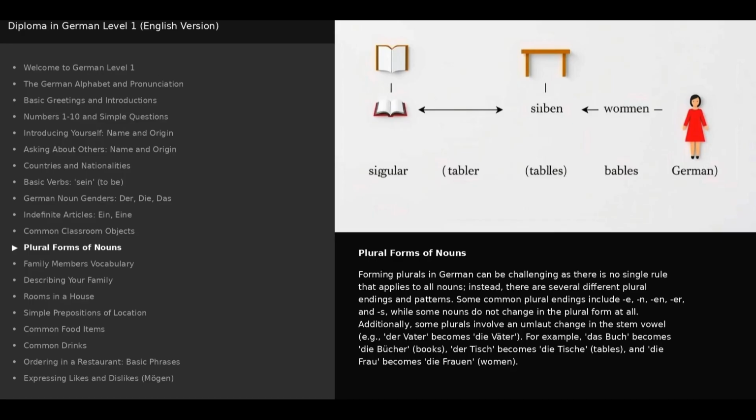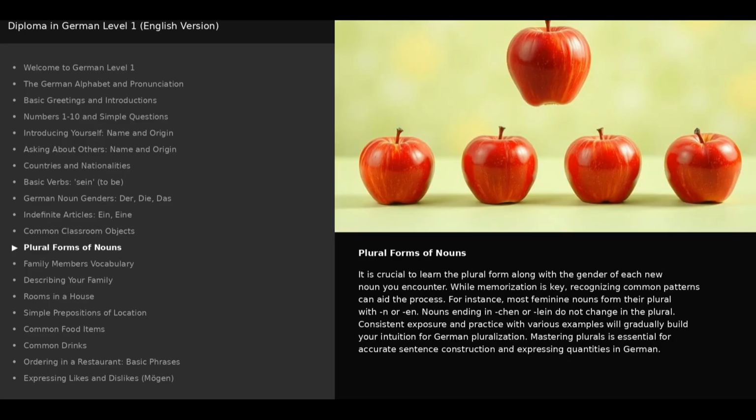Additionally, some plurals involve an umlaut change in the stem vowel, e.g., der Vater becomes die Väter. For example, das Buch becomes die Bücher, books, der Tisch becomes die Tische, tables, and die Frau becomes die Frauen, women. It is crucial to learn the plural form along with the gender of each new noun you encounter.